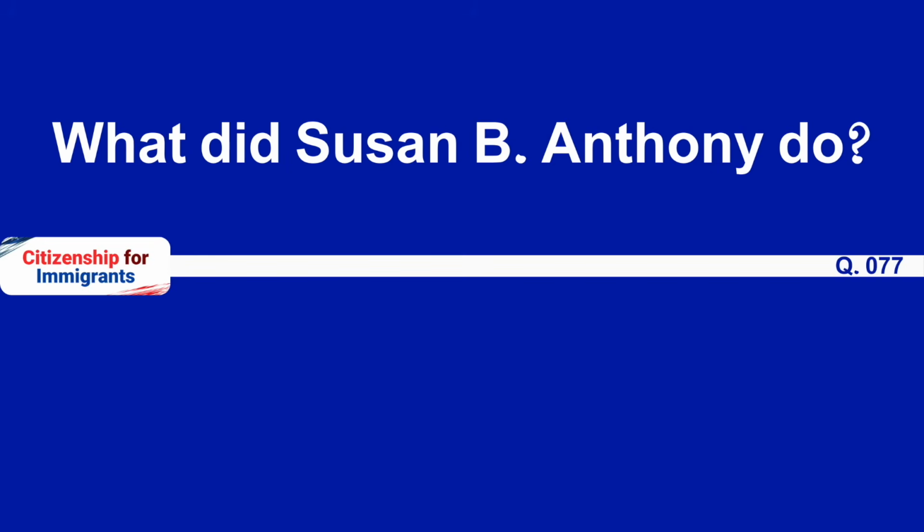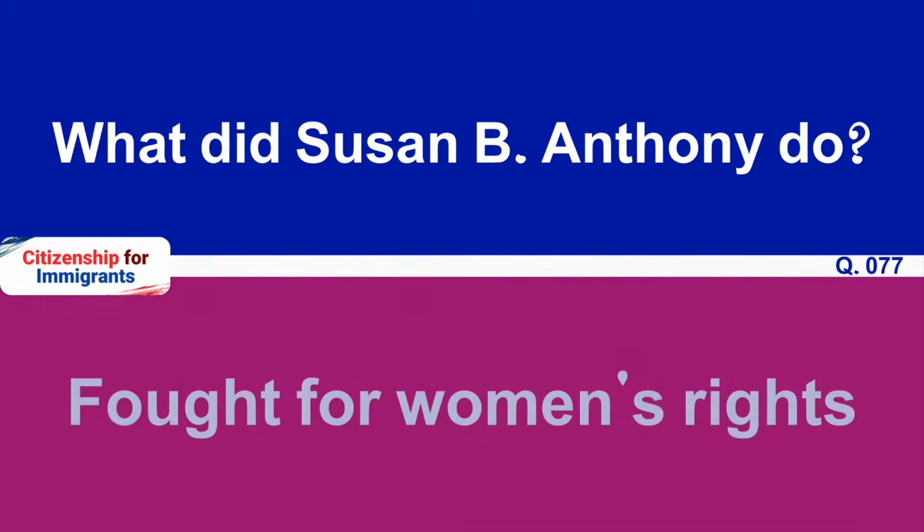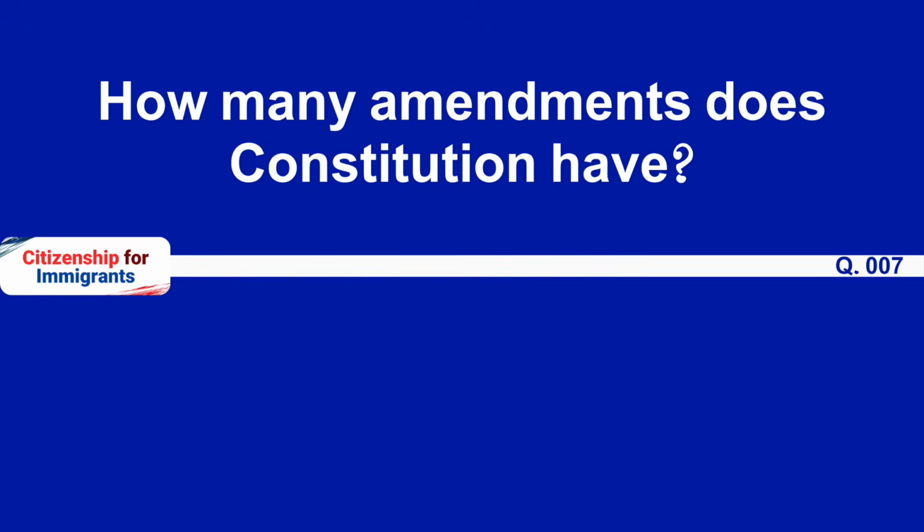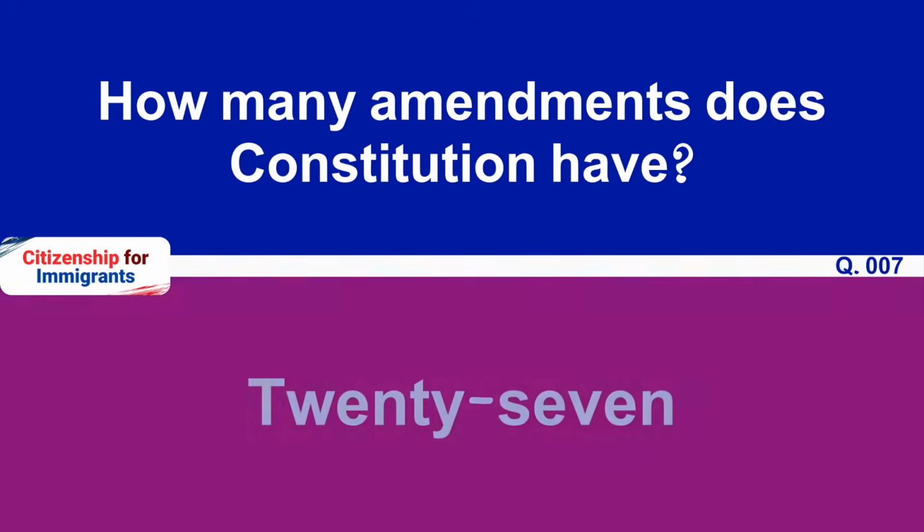What did Susan B. Anthony do? Fought for women's rights. How many amendments does the Constitution have? 27.